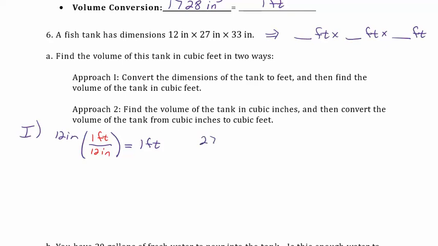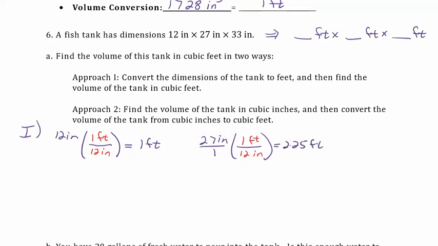And we're going to convert 27 inches into feet, so that's 1 foot over 12 inches, and that's going to give us 27 divided by 12 is 2.25 feet.